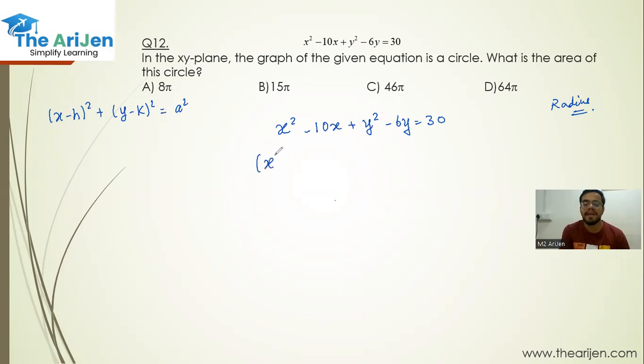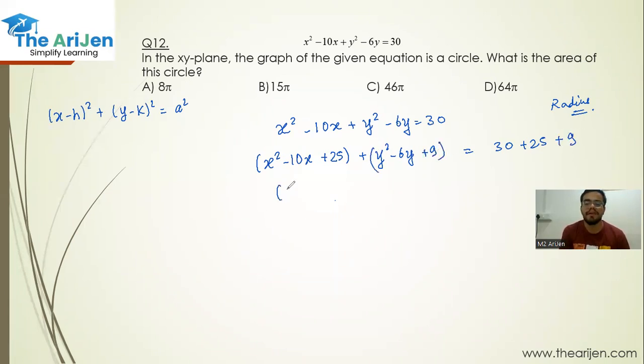So if we have x square minus 10x, half of 10 would be 5, 5 square, that is 25, so add 25 to both the sides. Y square minus 6y, half of 6 is 3, so we'll add 3 square, that is 9, to both the sides.